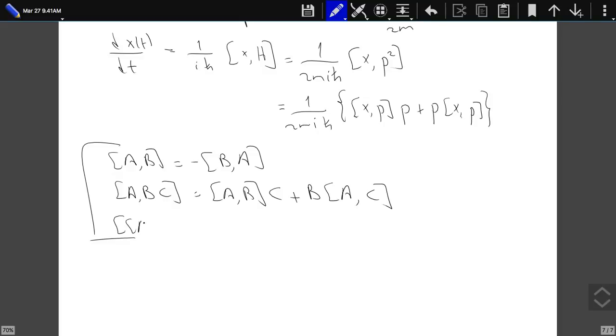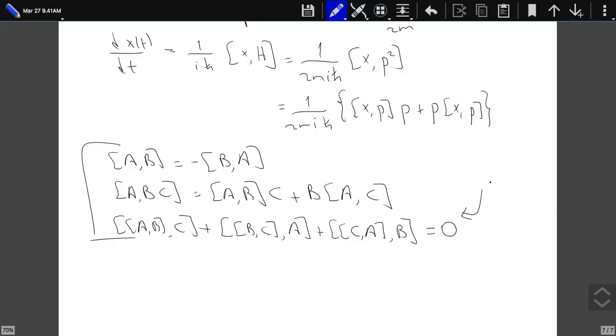And furthermore, the commutator of A with the commutator of B and C, plus B with C and A, plus C with A and B, these double commutators have to add up to 0. This is called the Jacobi identity.